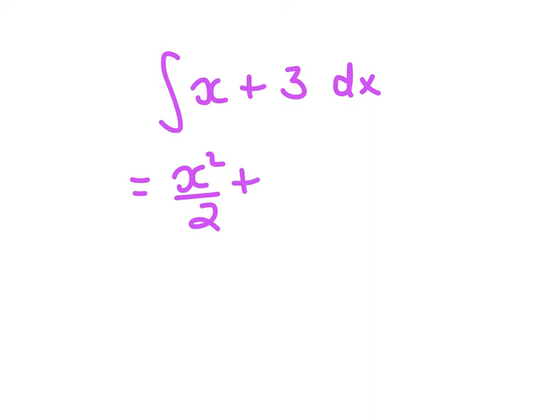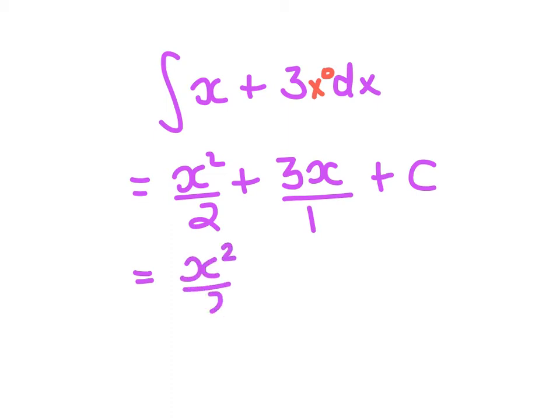The 3 that's there is a bit like having x to the power of 0, because remember that's 1. So when I raise that power by 1, I'm actually going to end up with 3x, and it's to the power of 1, which we don't need to write, divided by 1, which I don't really need to write, plus c. So it's x squared over 2 plus 3x plus c.